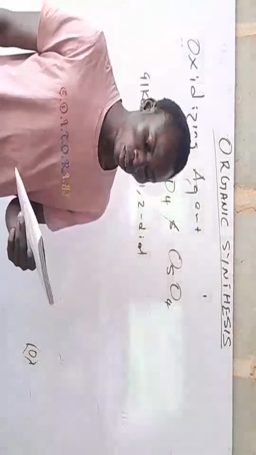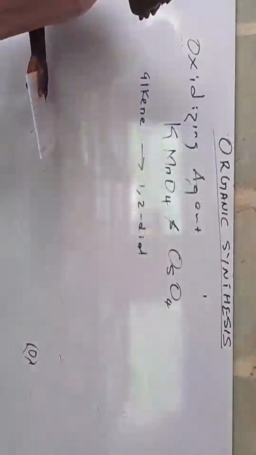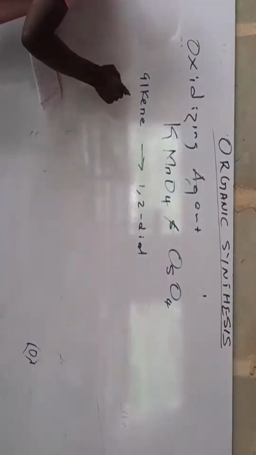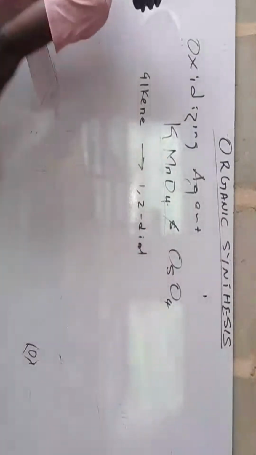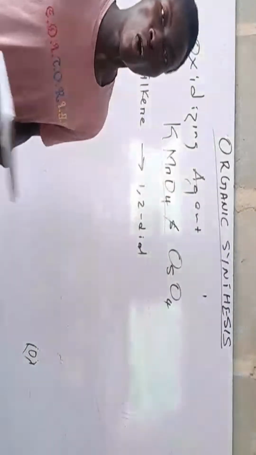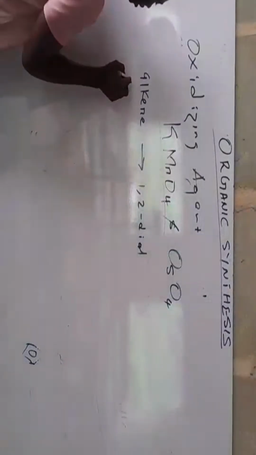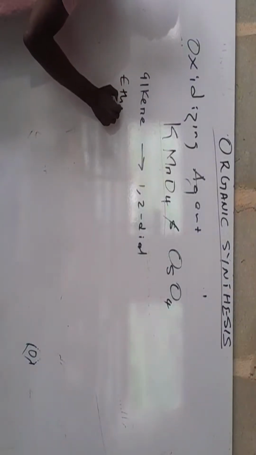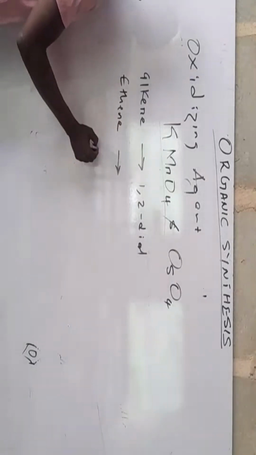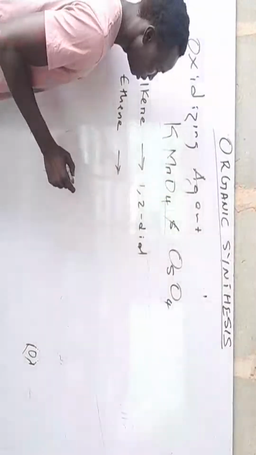Now, the reagents are used to convert alkenes to the corresponding diol. So, what does that mean? That means these reagents that we have in this place will determine the corresponding diol. For example, one typical example here is ethene. Ethene can be changed to what we call diol in the following sense.